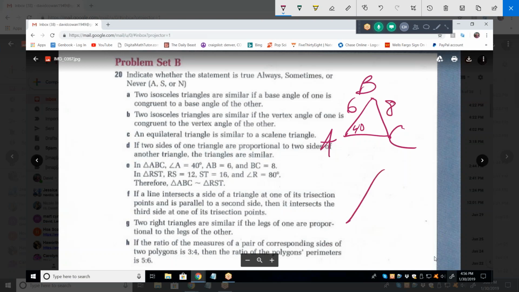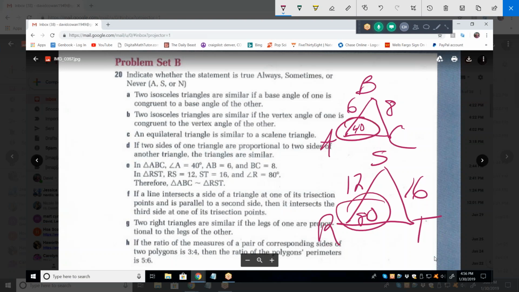And then you have triangle RST, where RS is 12, ST is 16, and angle R is 80. Are these similar or congruent? No. So it's never. No, 80 is not the same as 40.